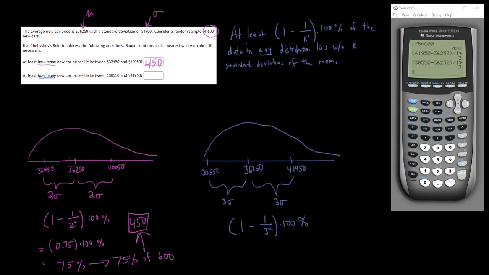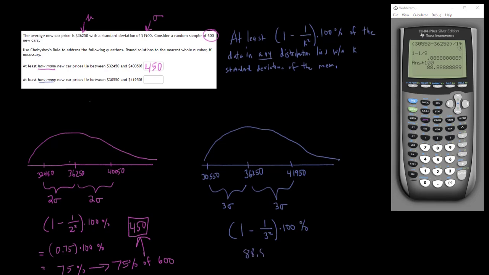That's 1 minus 1 over 9, since 3 squared is 9. But if we multiply by 100, just move the decimal place twice, we get 88.8 repeating. So we'll call that 88.89%.